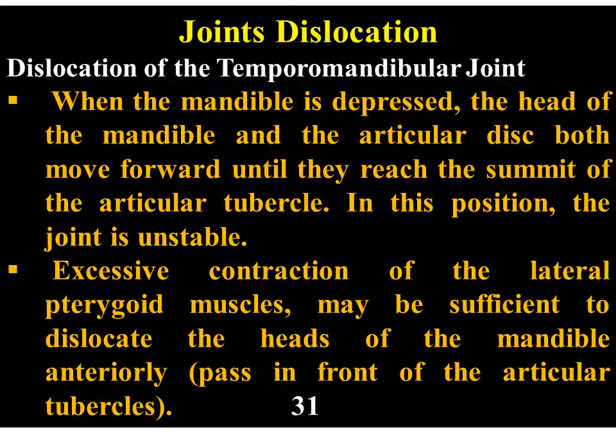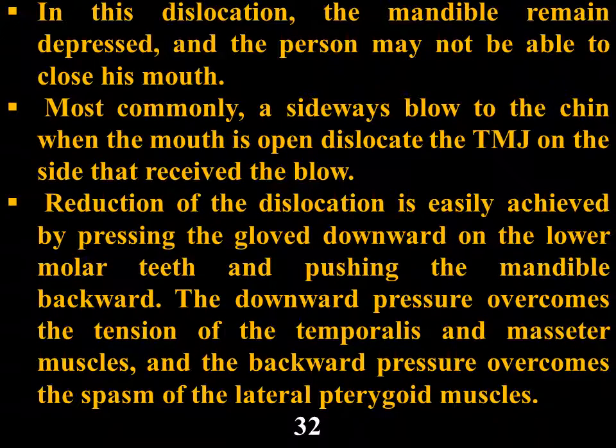Excessive contraction of the lateral pterygoid muscle may produce sufficient dislocation of the head of the mandible anteriorly, which passes beyond or in front of the articular tubercle. By dislocation, the mandible remains depressed, and the person may not be able to close.